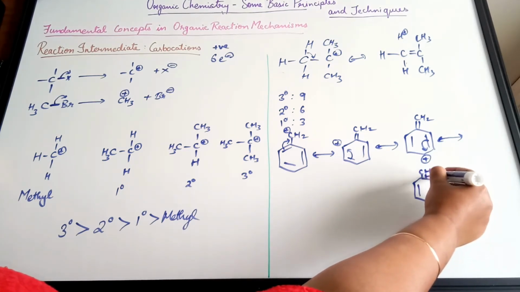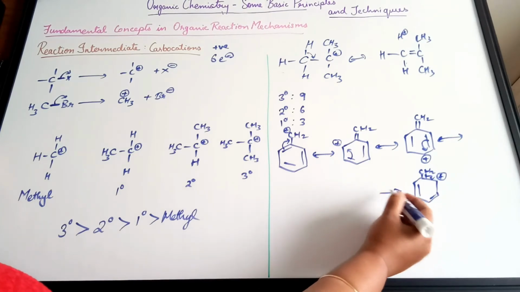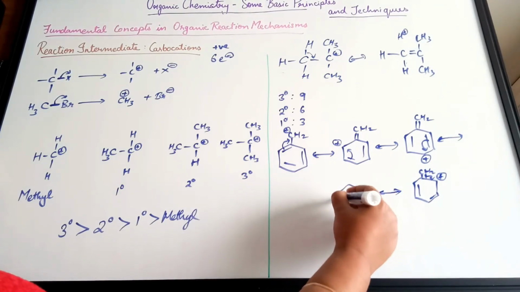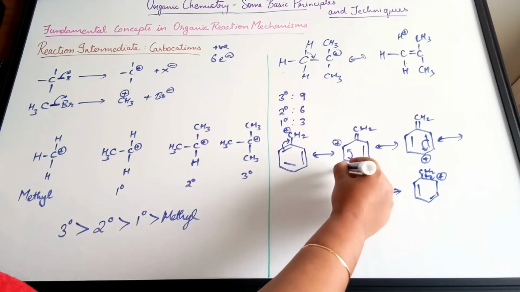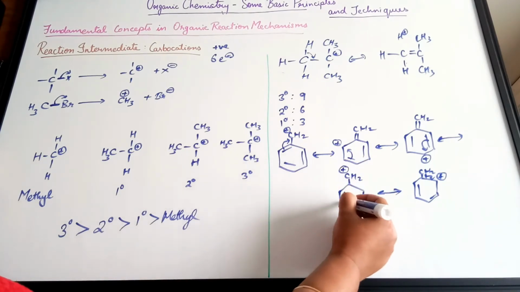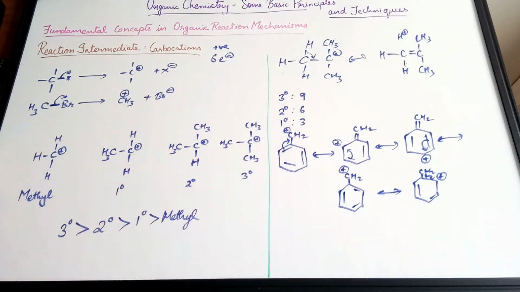Then this bond moves back to the benzene ring, and the carbon gets a positive charge. And this particular carbocation is resonance stabilized. So the carbocations which are present with the benzyl group are resonance stabilized.